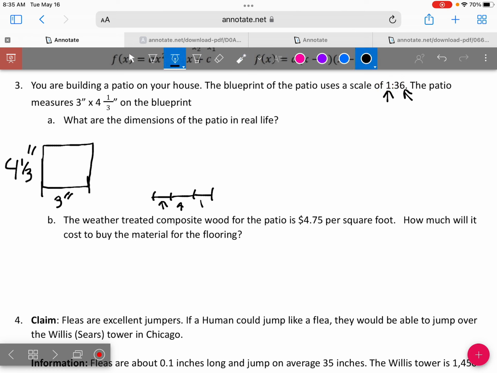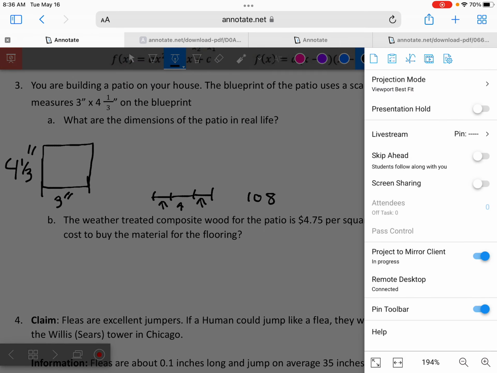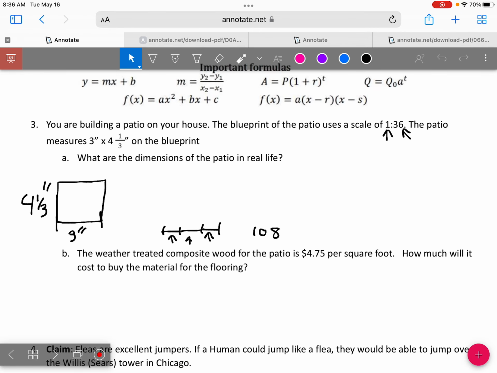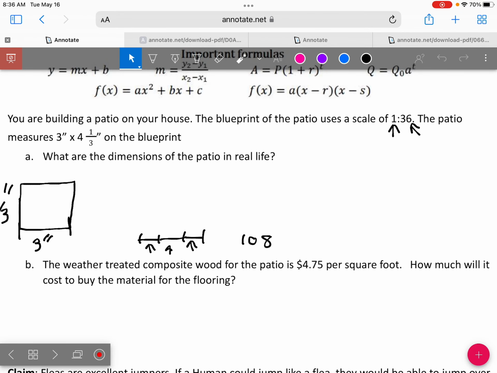How many total inches does 3 inches represent? Yeah, 108. How did we find that? 3 times 36. So whatever it is, we take it and multiply it. So the 3 inches turns into 108. What does the 4 1/3 inches turn into in real life?